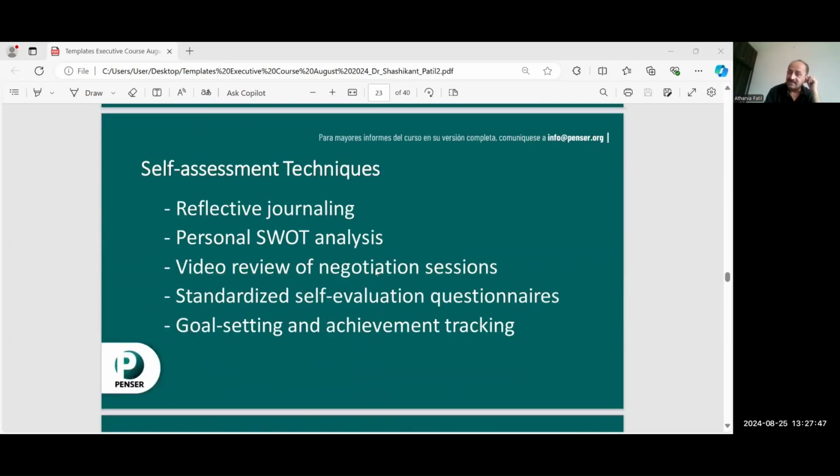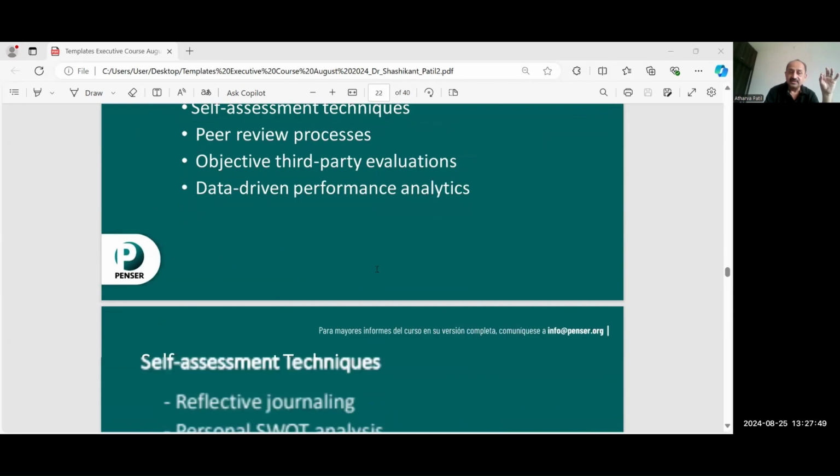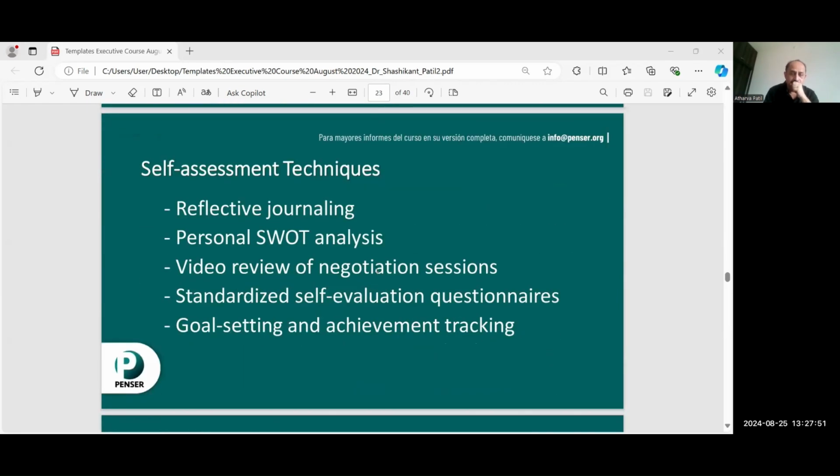Now let's look at self-assessment techniques. There are some points which are very important: reflective journaling and personal SWOT analysis. SWOT is strengths, weaknesses, opportunities, and threats. You have to do your self-assessment. What are your strengths? What are your weaknesses? And how can weaknesses be converted into strengths?